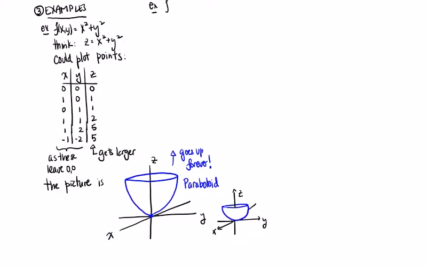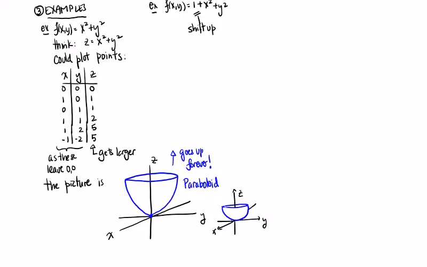So what if we did something like f of xy equals, a very simple change, 1 plus x squared plus y squared. What happens in this case is, if we think of this 1, this is a shift up. This is a familiar behavior because we're adding 1 to all of the z's.